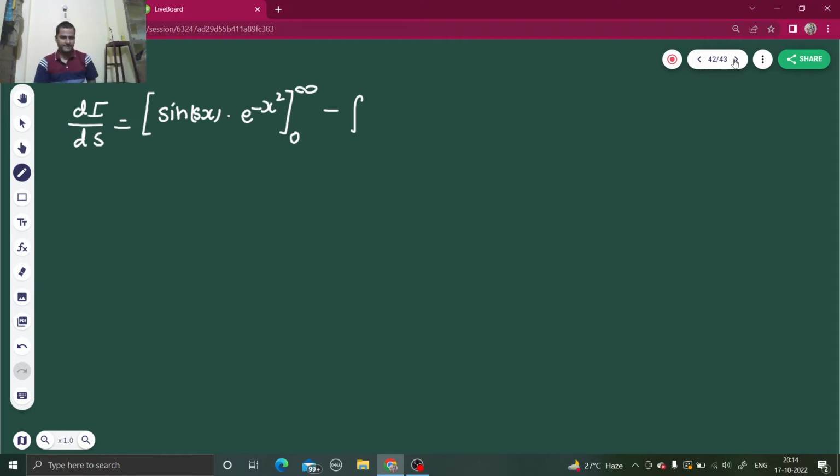So derivative of sine is cos sx into s will come. So that s I am writing outside. Again, integration of d of e power minus x square, that will give me e power minus x square only.